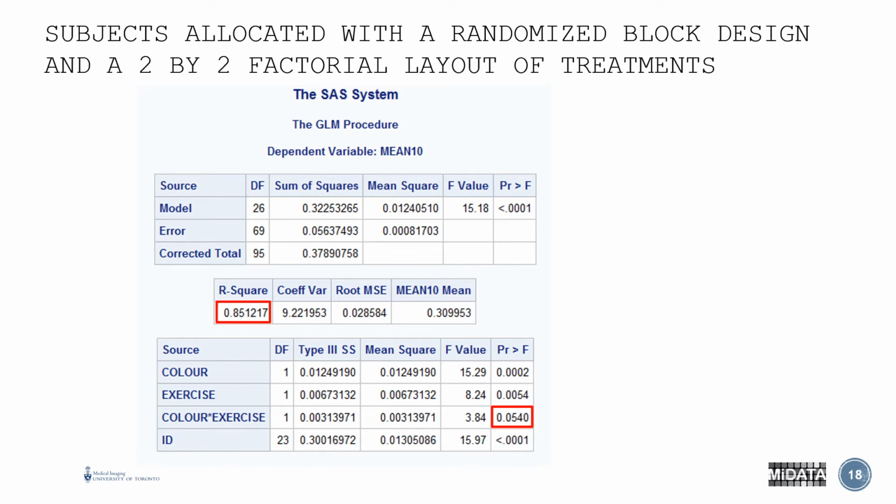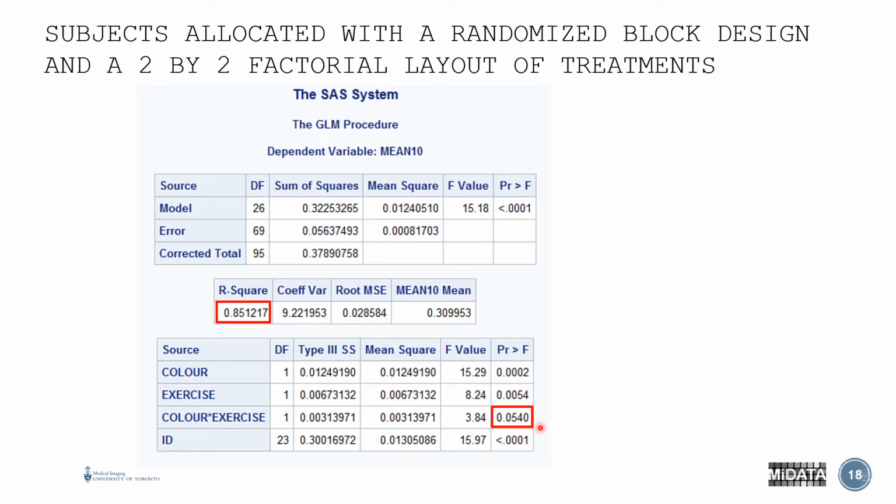Okay, when we have a look at the output for this final analysis, we see once again the R-square, fantastic, 85%. The mean hasn't changed, of course. The model probability is still significant. Of course, nothing's changed there. But what's interesting to look at here is the interaction term between color and exercise. If you remember, last time we did it, it was not significant.